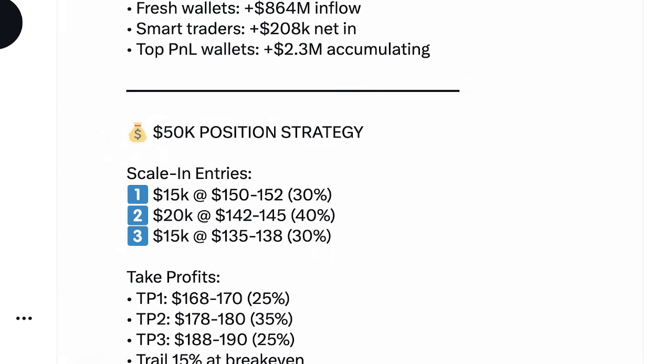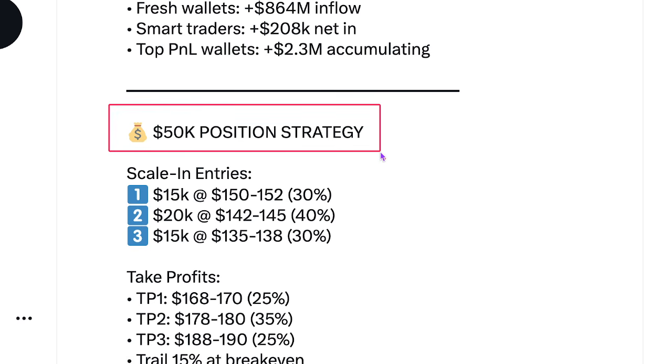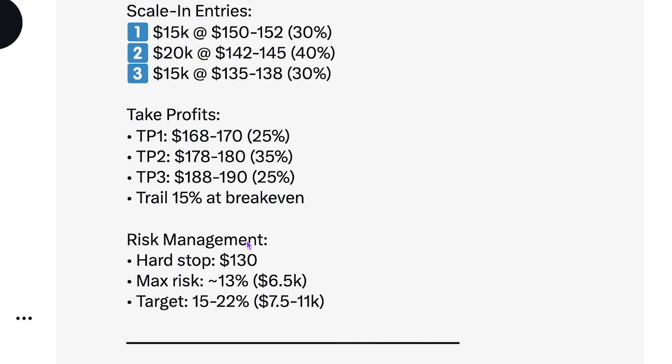So this is a further continuation of what this information is, right? What you're seeing here is a 50K position strategy with scaling entries. This is a game changer in my opinion. What you also have is the TP levels, stop losses, TPs. You could actually analyze a lot of things within the trading instructions.